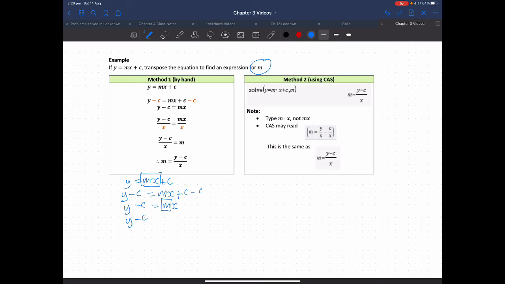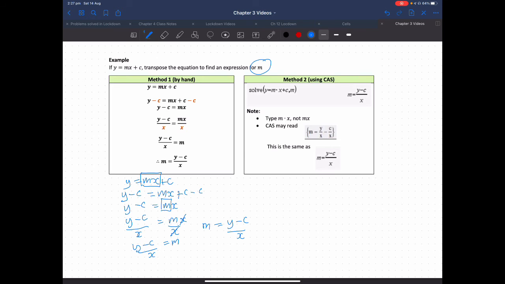Y minus c divided by x equals m, x divided by x. The x's have cancelled, leaving me with m, and on the other side I have y minus c over x. So I have m equals y minus c all divided by x.